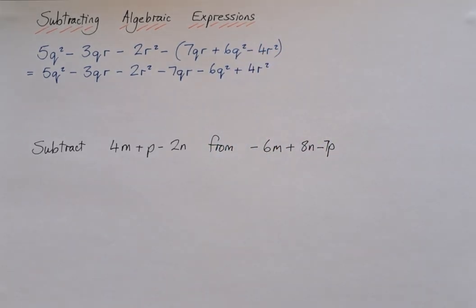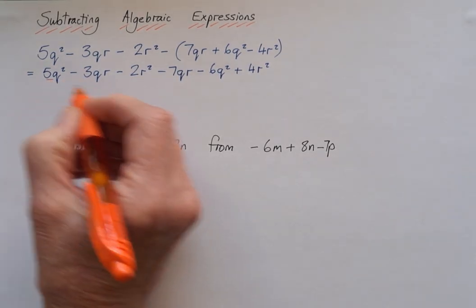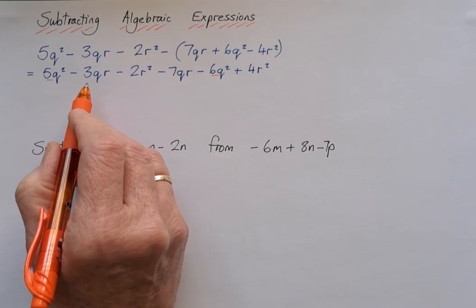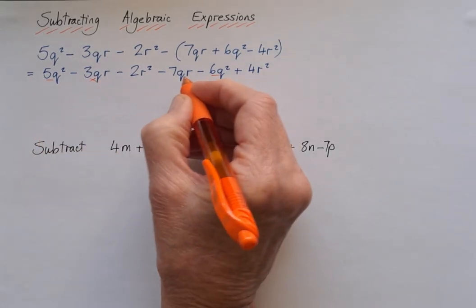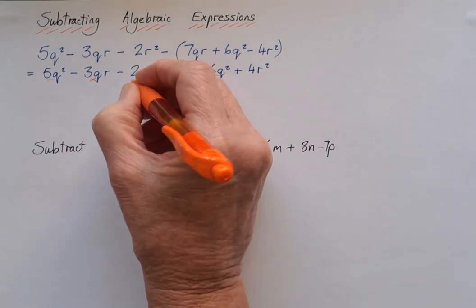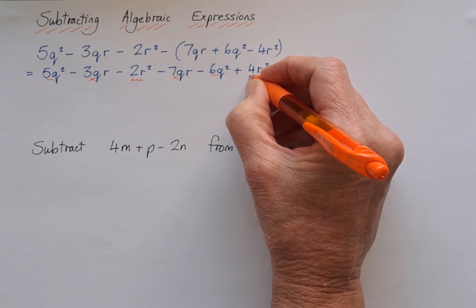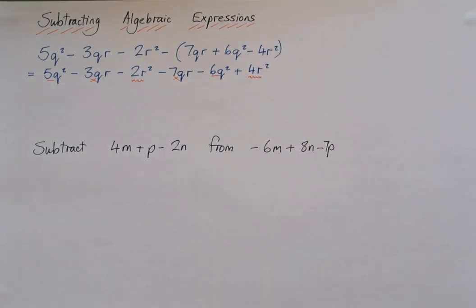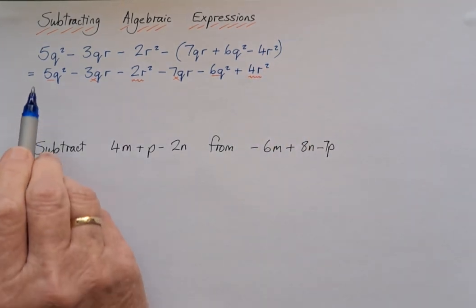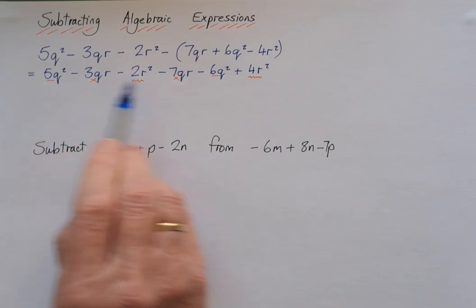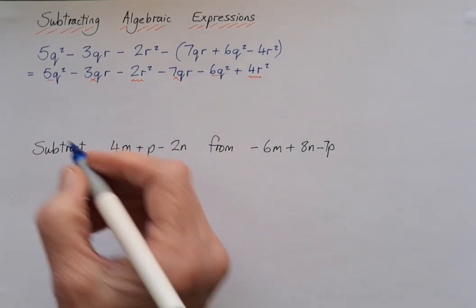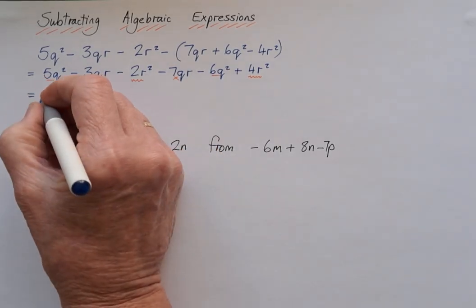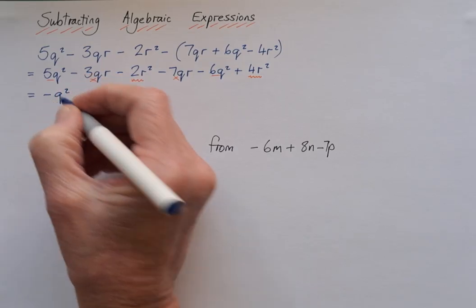Right, to tidy it up, we now need to identify the like terms. So we've got q squared terms, we've got QR terms, and we've got r squared terms. So adding up the q squared terms, first of all, we've got 5q squared minus 6q squared is negative 1q squared, which we're simply going to write as negative q squared.